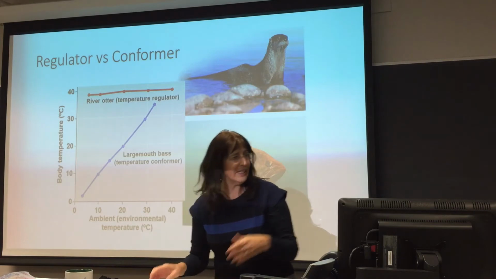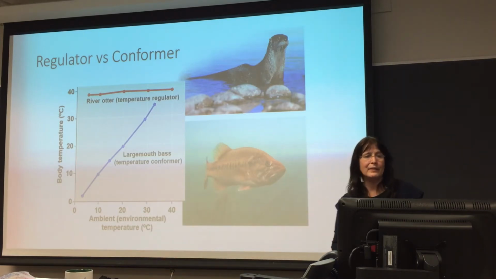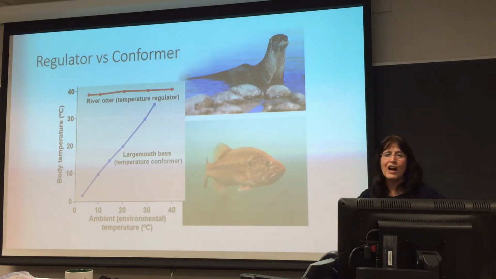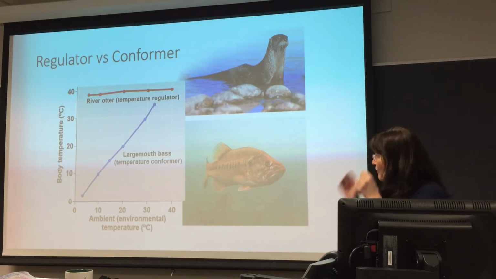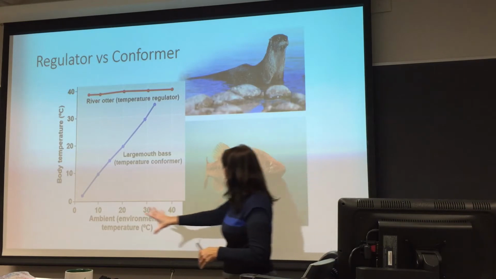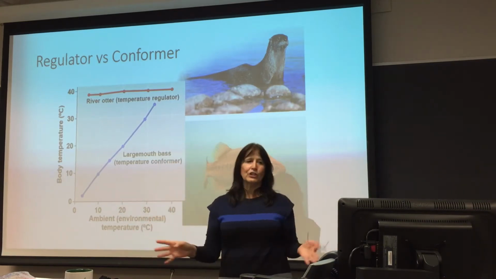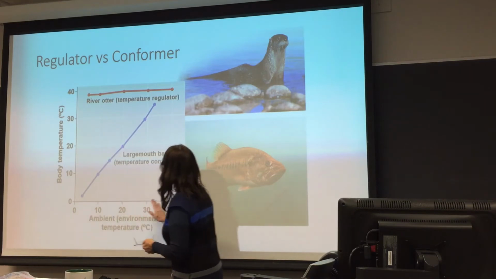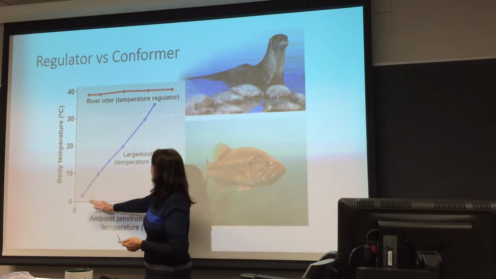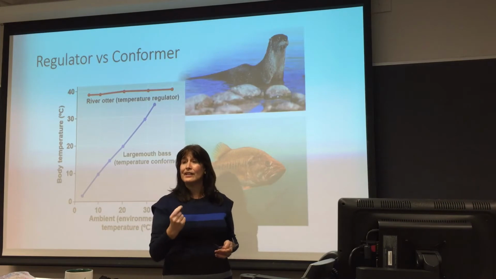Here we're taking a look at two different types of animals. Here we have this nice little river otter, and here we also have this largemouth bass. We're looking at the ambient temperature, that's the temperature outside, and what happens as the temperature increases to the largemouth bass? What happens to its internal temperature?